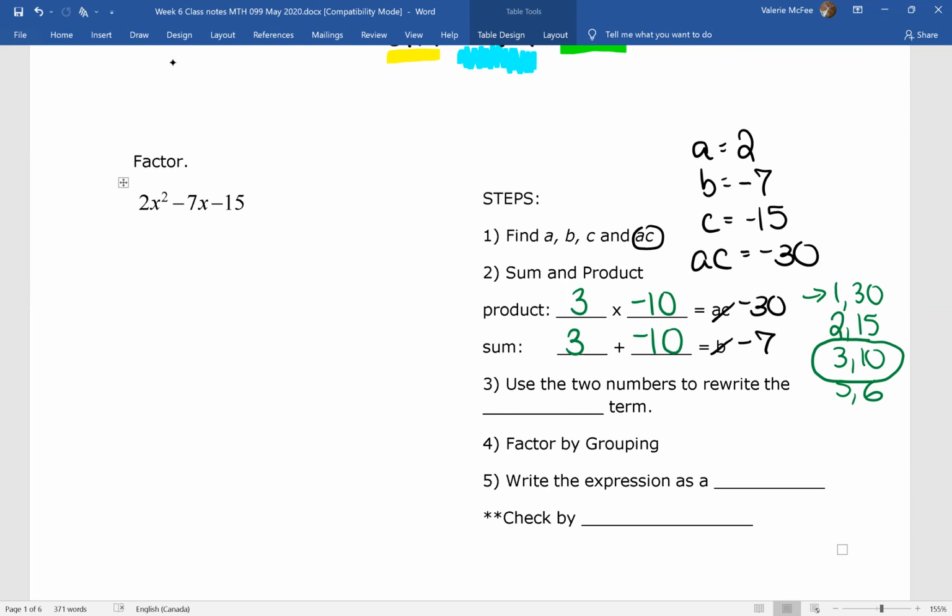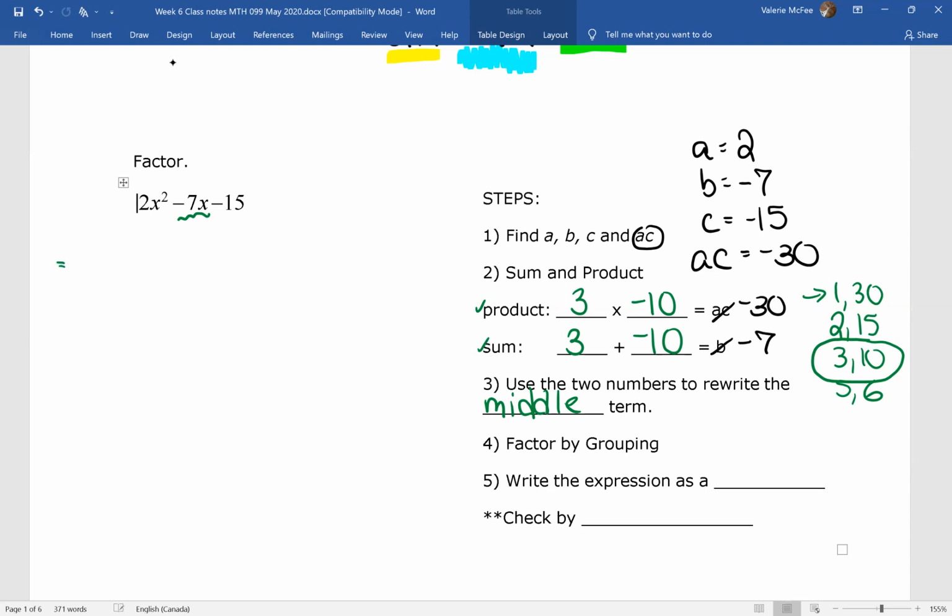So we've found those two numbers, and we're going to use those numbers. They have to be the same in both places. They have to give us the answers we're looking for, negative 30 and negative 7. We're going to use those numbers to rewrite the middle term. So this term here is going to change, and we're going to use 3 and negative 10.